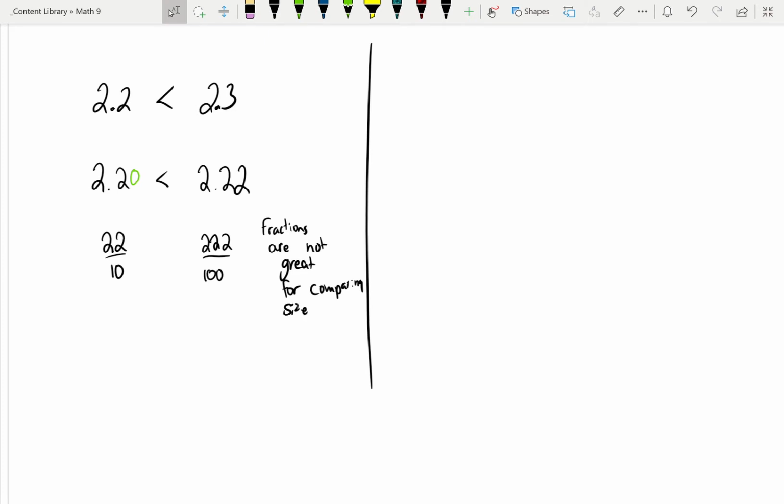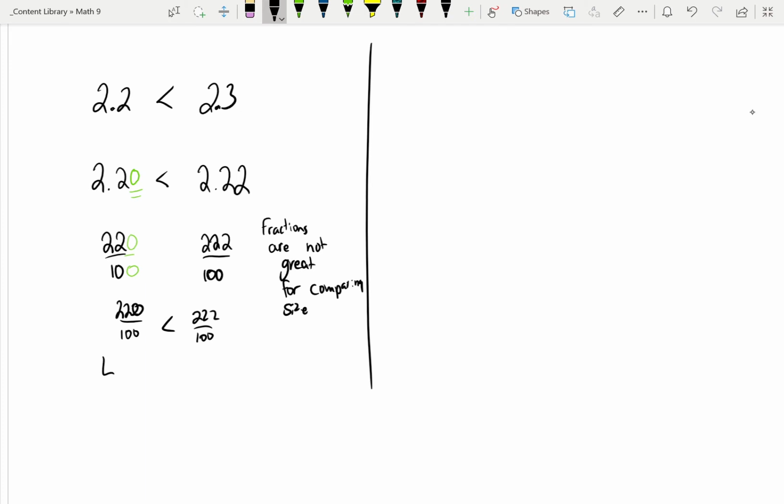The reason being is that I don't have decimal places, I instead have fractions, and the fractions can be different. But again, the same kind of idea with what I did here, I can think of this with an extra 0 here and make them common denominators. So then I would be comparing 220 over 100 to 222 over 100. And again, it's easy to see.